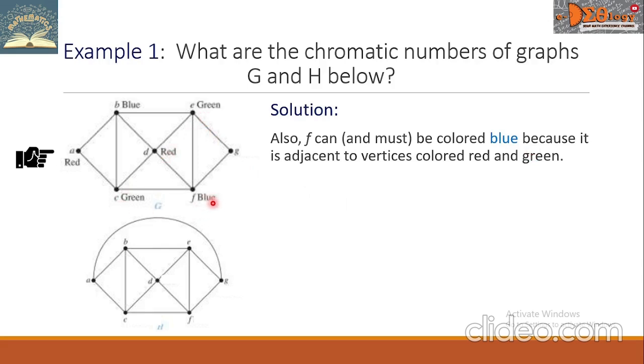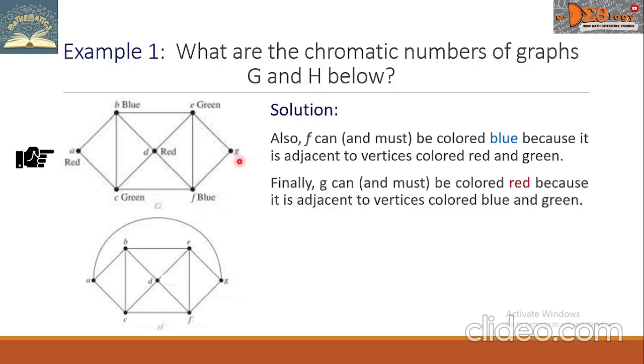So F now becomes blue. Let us now proceed to vertex G. Finally, G can and must be colored red because it is adjacent to vertices green and blue. So G here becomes red.